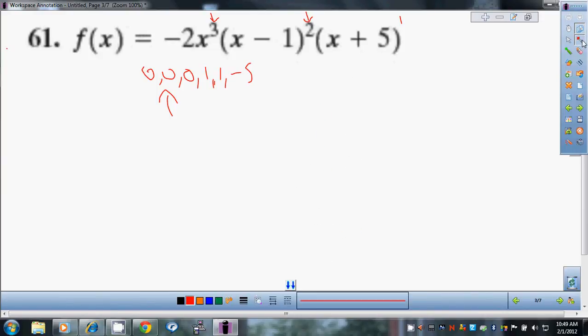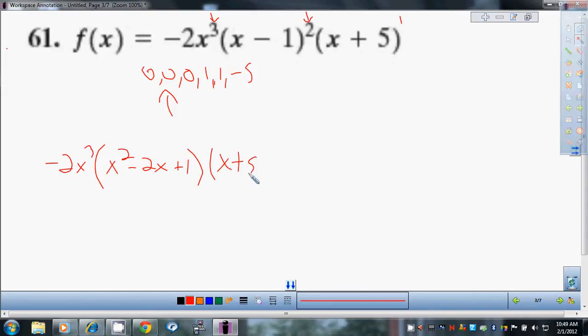All right. So, FOILing, I'm just going to do the middle portion first. That'll be x squared minus 2x plus 1. Let's see, then I'm going to do the last pieces. That'll be x cubed minus 2x squared plus x, plus 5x squared minus 10x plus 5.